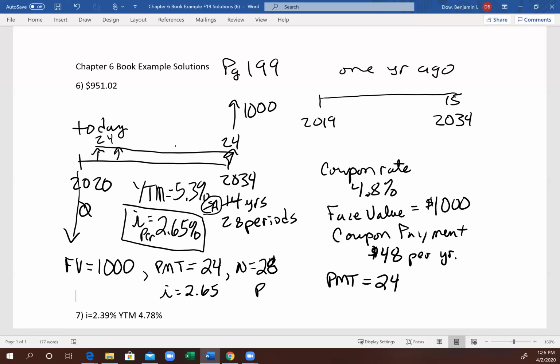And we want to solve for the present value. So we've got $24 payments. Put that in your calculator. We have 28 of these, $1,000 future value, and an interest rate of 2.65% per period. Solve for the present value. Solving for the present value should give you 951.02.